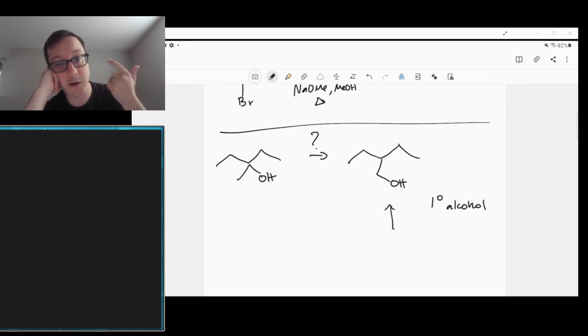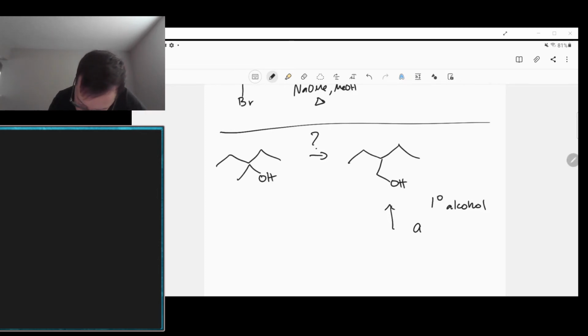That would be a Markovnikov addition, but we're clearly on the less substituted of two carbons. So we're not looking at a Markovnikov, we're looking at an anti-Markovnikov hydroxylation.